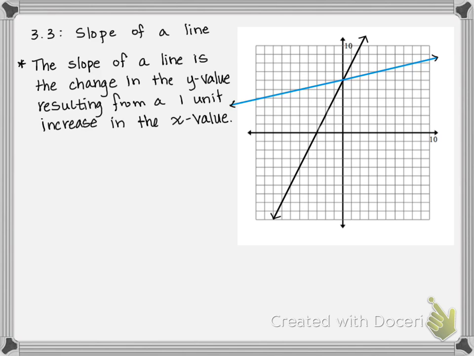Physically, what we're saying is as you move 1 unit to the right on the line, whatever happens to your y value, that number is going to be your slope.